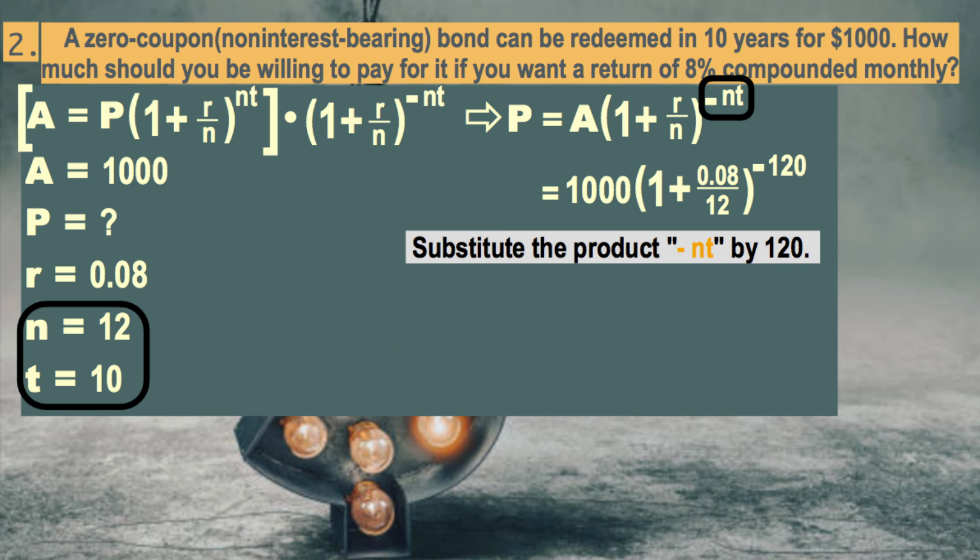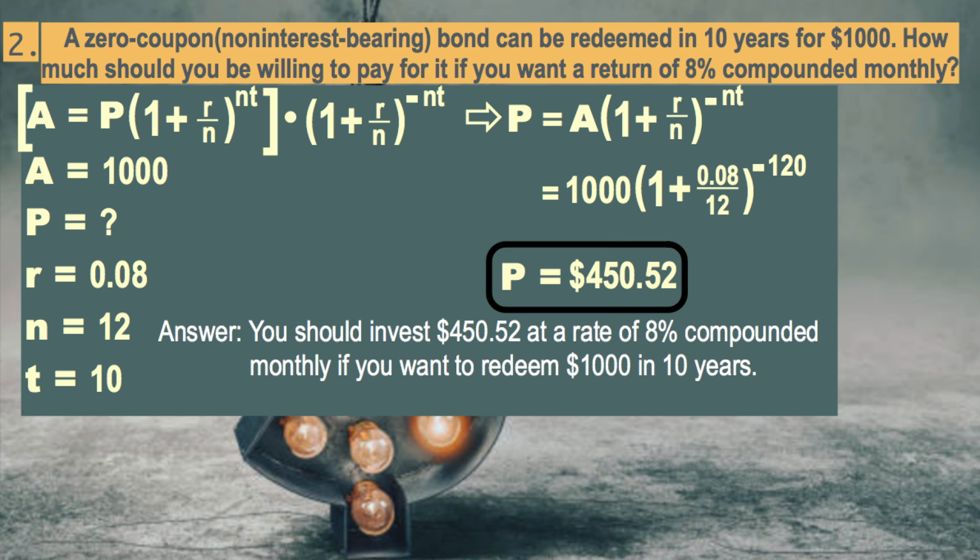Compute using a calculator, obtaining 450.52. Let's round to the nearest cent because we cannot pay in such a specific amount of dollars. So our final answer is you should invest $450.52 at a rate of 8% compounded monthly if you want to redeem $1,000 in 10 years.